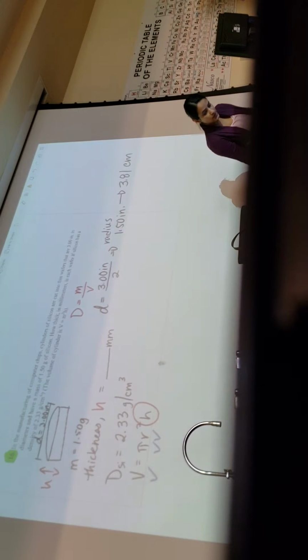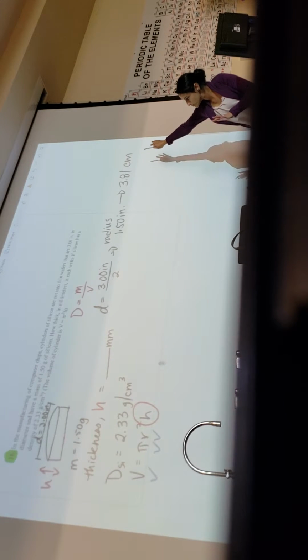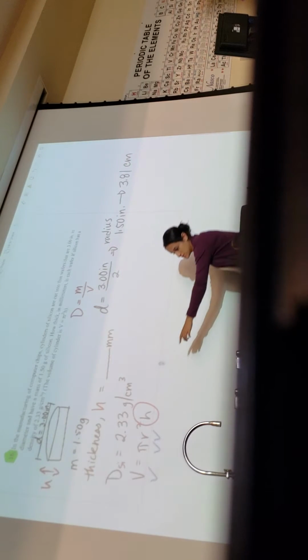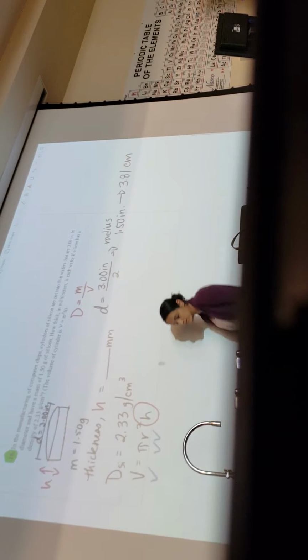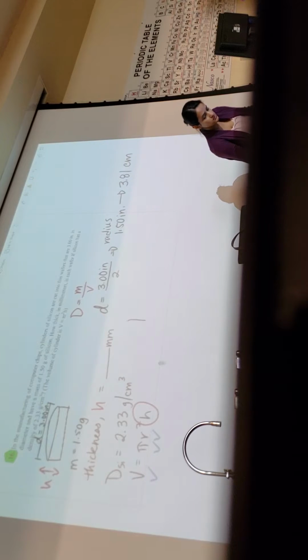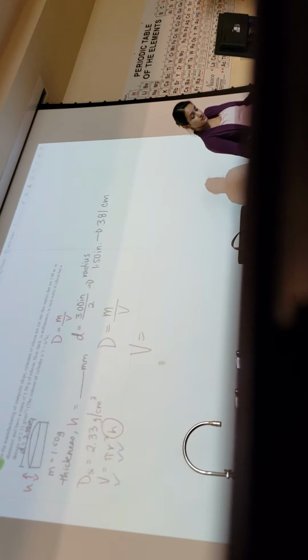Okay, so if I look at this, I figured out the radius. That's going to be helpful in this situation. So I got R, I know pi, I need to figure out V. So I have mass over volume. If I'm solving for volume, what's the equation? M over V. Yeah.